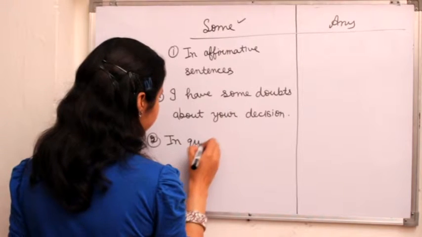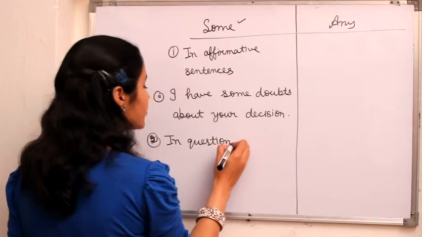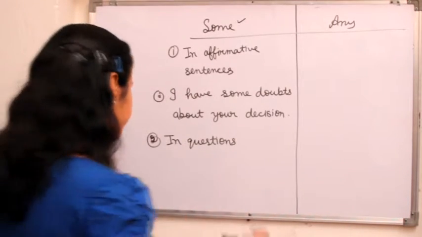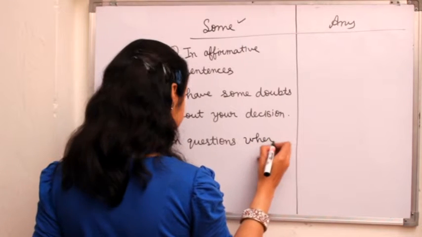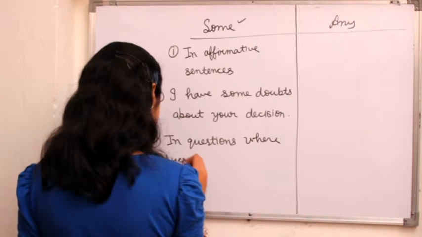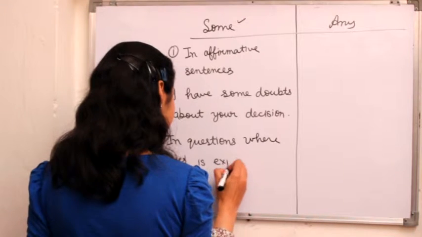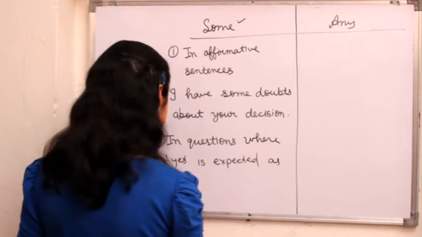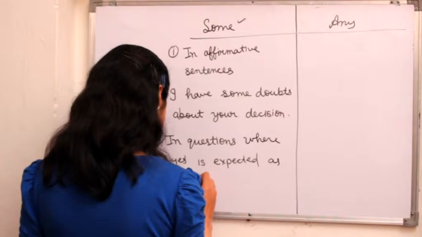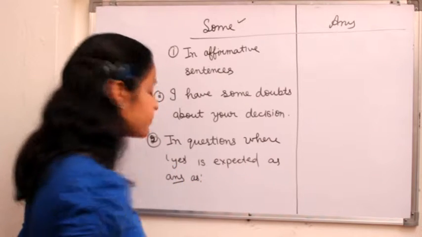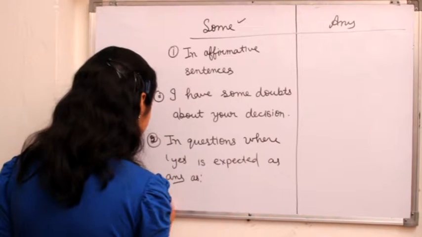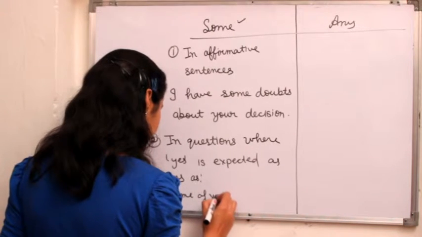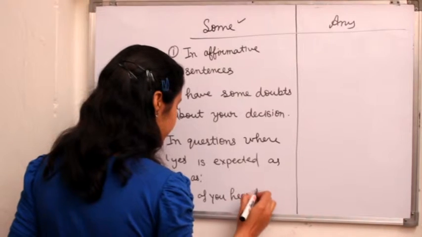When you're talking about questions where yes is expected as answer, you have to use some, just like did some of you hear the bell?